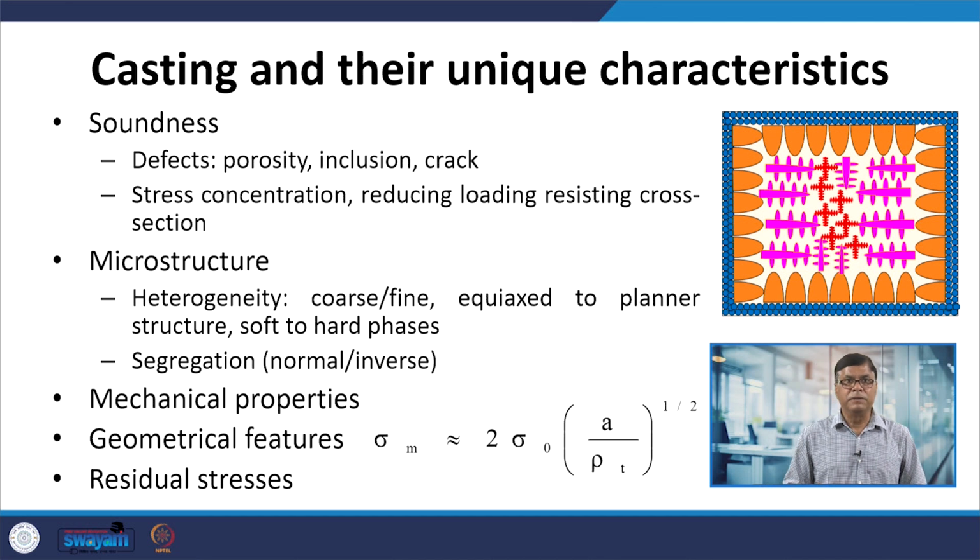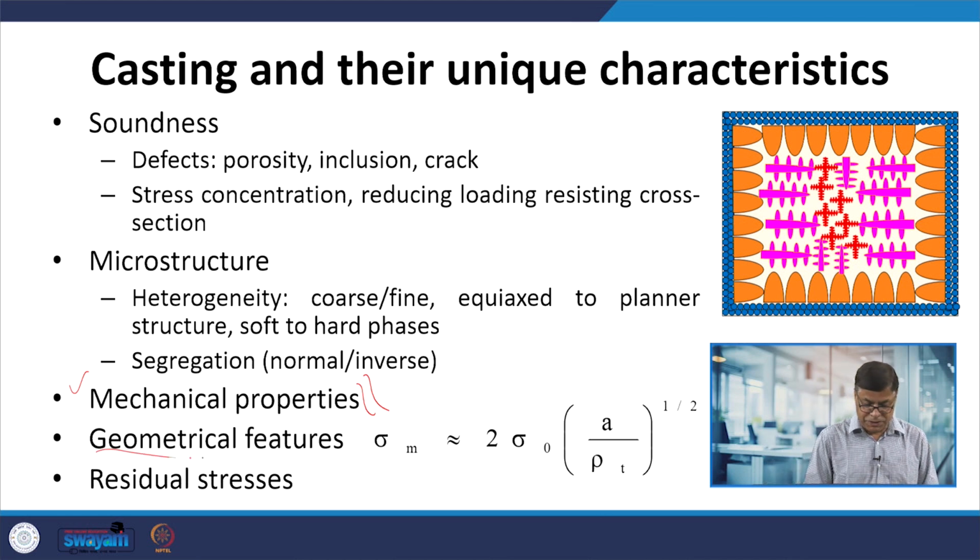Now, the other three important aspects related to the castings are, first, mechanical properties. Castings do not perform as well as rolled products. Rolled products are formed products which experience plastic deformation either at room temperature or at a high temperature. So, the performance of the castings may be different from those of the formed products.